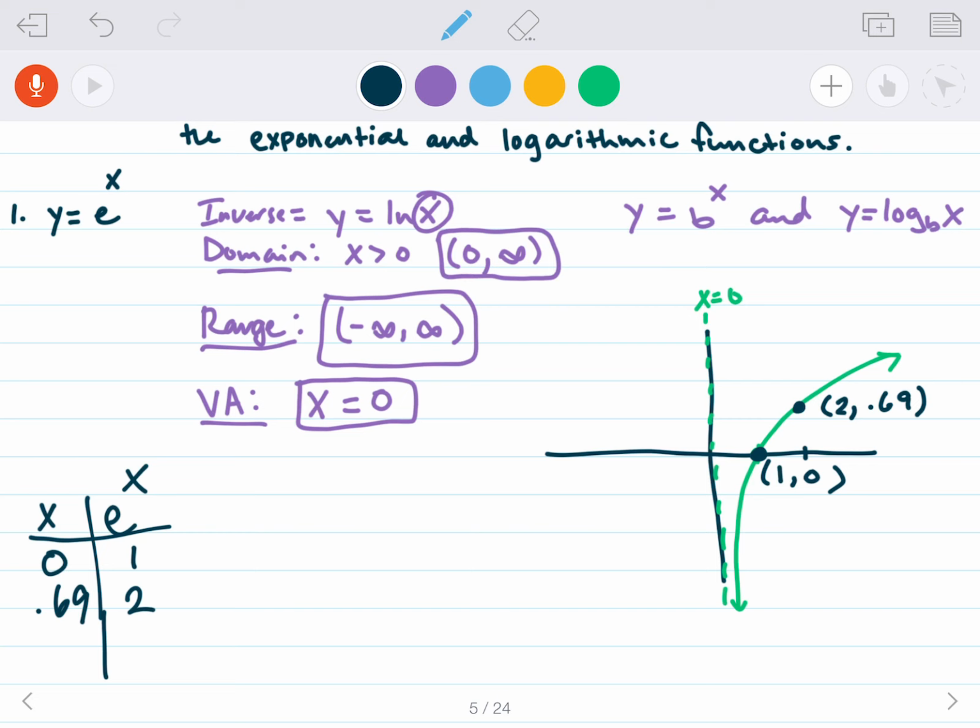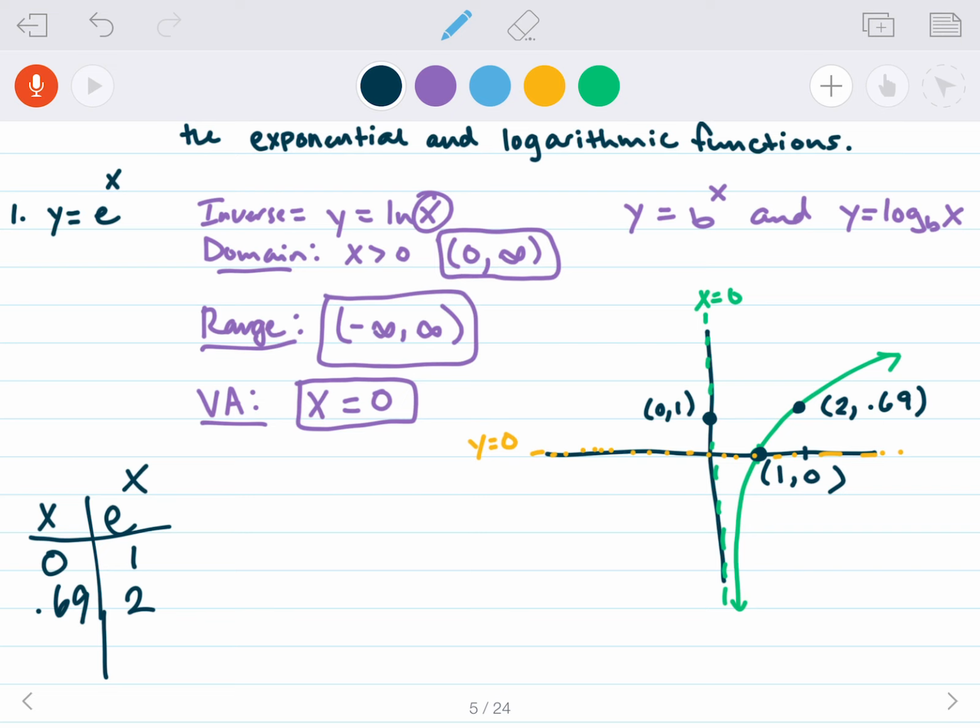So we're flipping the values to get some points for our inverse function. And we know that our horizontal asymptote is also going to be 0. So it's going to be this dotted line right here. So this is going to be y equals 0. And then if I plot the points 0, 1, that's this guy. This is 0, 1. And then we have 0.69, 2.